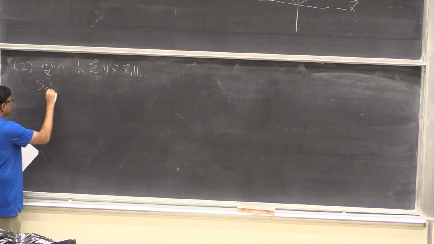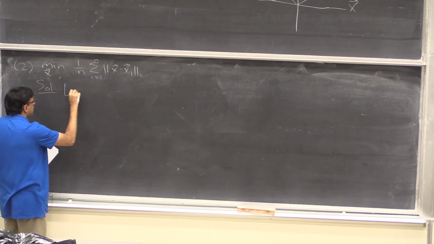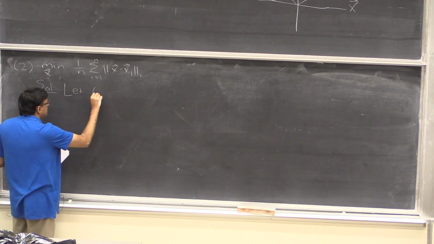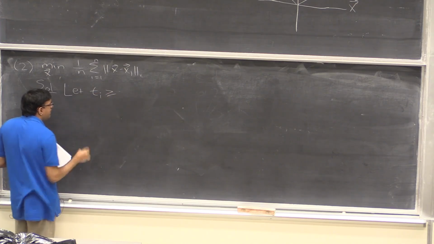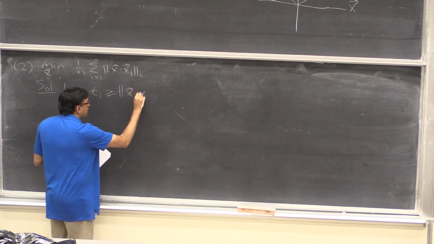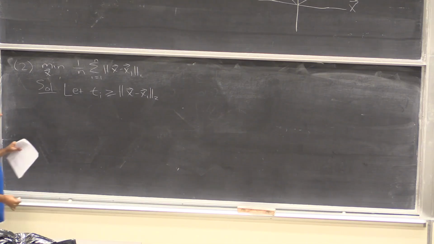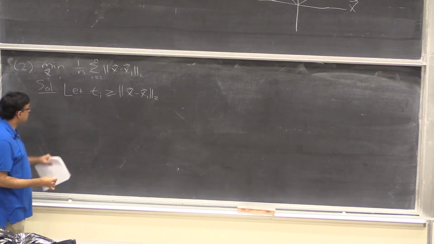Just going to call this the solution. Slack variables. So let ti be a slack variable which is always greater than or equal to the norm of x minus xi. This is a reasonable slack variable to put in.